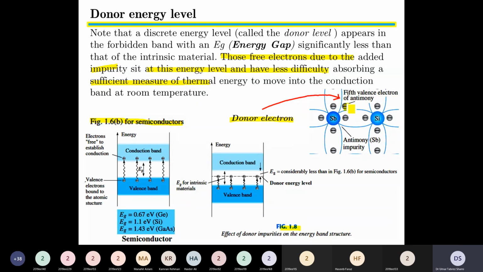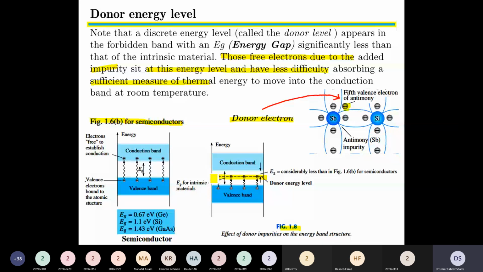This electron will not sit in the valence shell, neither will it sit in the conduction shell. It will sit in a place in between, which is normally called the forbidden band. Yes, the available electron will not sit in the valence shell or the conduction shell. In fact, it will sit in the forbidden band.